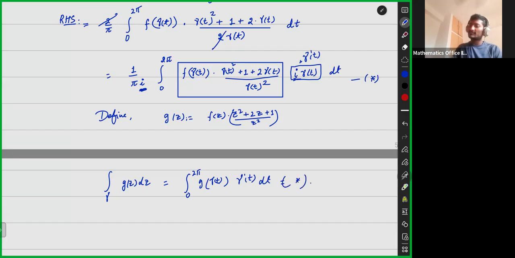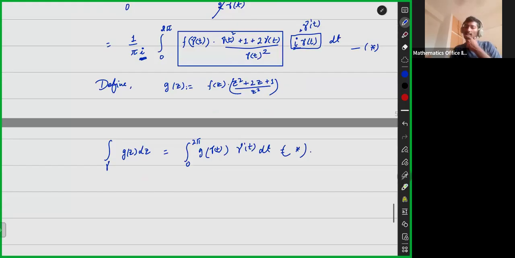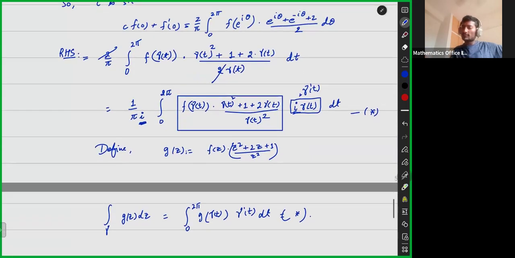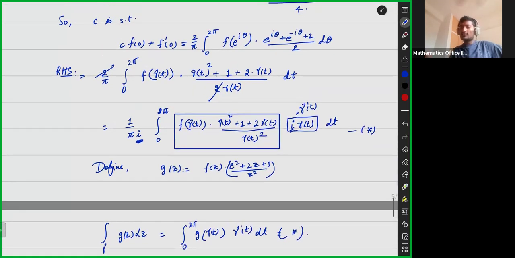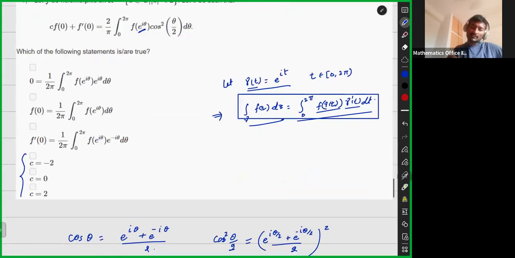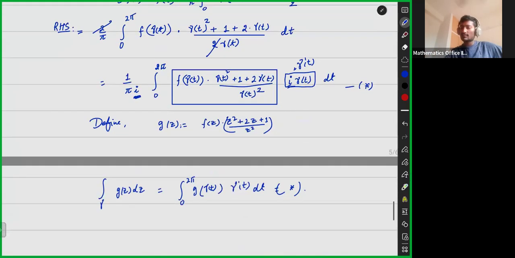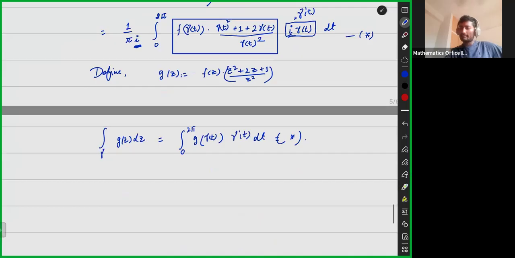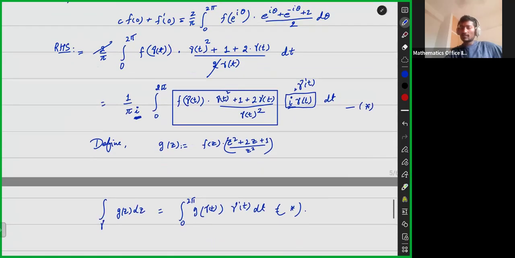Right. So now we have a new function, f(z) into something. What do we want to calculate? First of all, we want to calculate the value of the constant c. What is that constant?